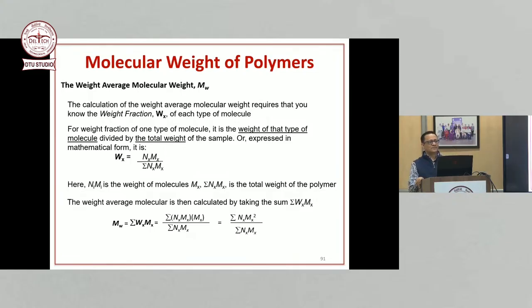Another thing, weight average molecular weight will always be greater than or equal to number average molecular weight. It is never going to be lower than number average molecular weight. Write this formula because the next slide will be a numerical problem that you will do. Very simple. It won't have so many numbers.